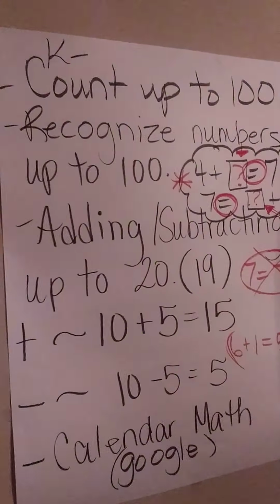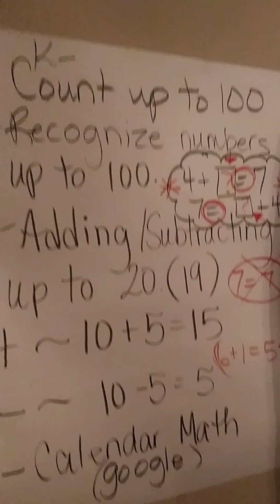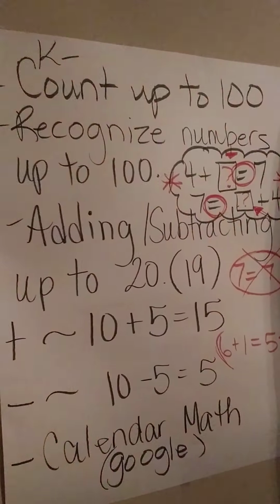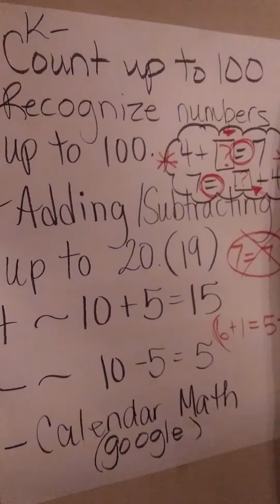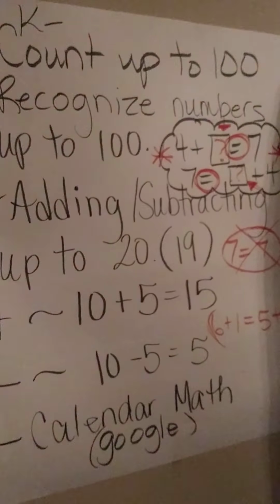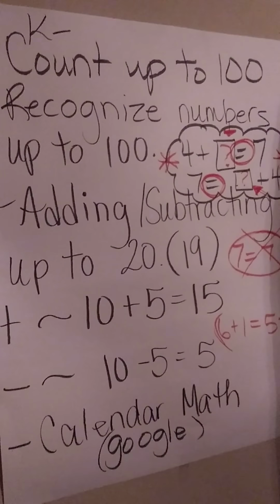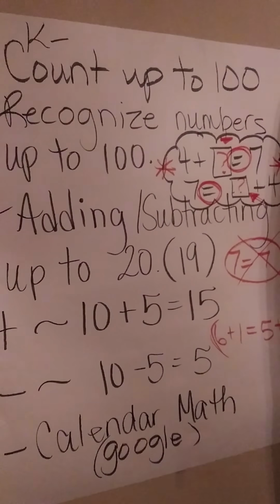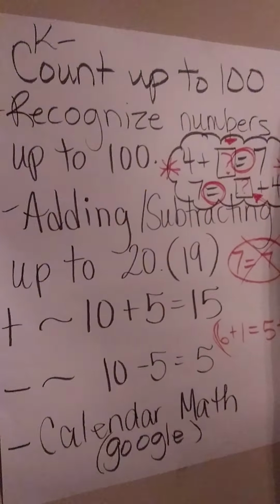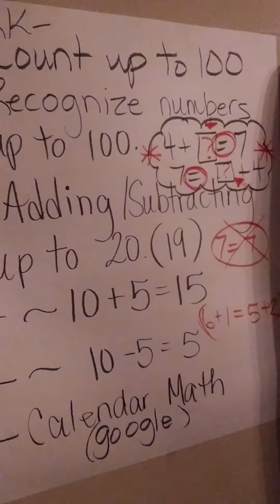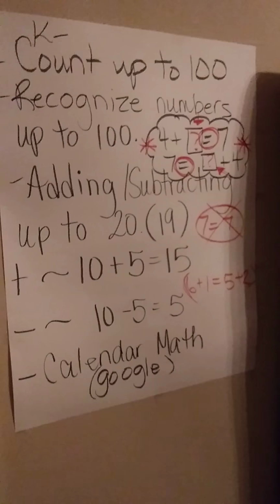And if they practice counting up to 100 every day, eventually they will memorize what numbers come in which sequence, because we'll get to that later. But basically, up until now, up until March, starting from August, these are the skills that your students should be fluent in.